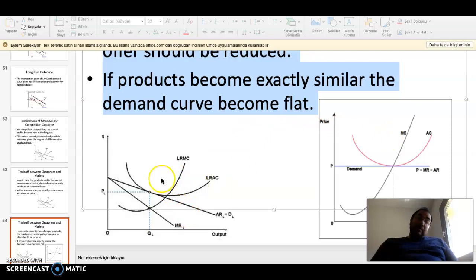Anyway, the market in this case will be determined by people's preferences regarding the differences between the products. When they put more importance on those differences, the market moves in this direction. When they put less importance on the differences, the market moves in that direction.